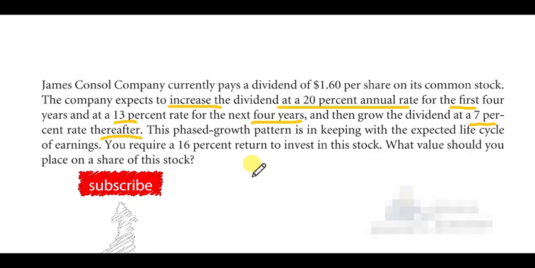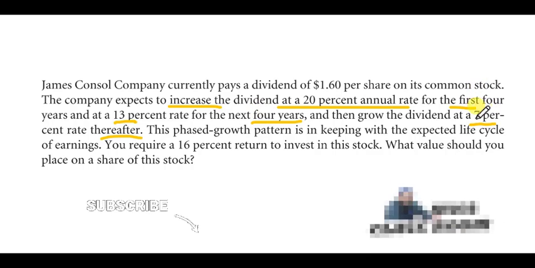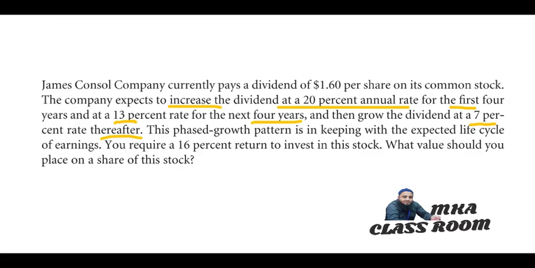So it is the multi-phase valuation model. So here is the first phase, second phase and third phase. So it has 3 phases of calculation. Now we will see how we can calculate these problems.